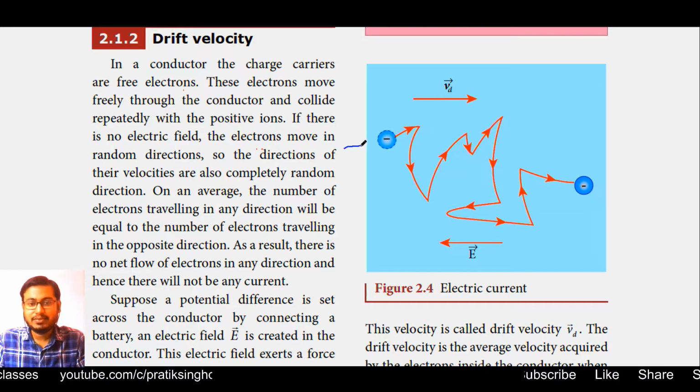Suppose this is a free electron, and because of the force produced by the electric field, because of the high potential difference between the terminals of the battery, it is pushed forward. From here it has gone up to here, and there was a positive ion, it collided with that, and its path changed. Again it came here, again there was a positive ion and it collided with that, and again it changed its course. And it happens at every instant of time.